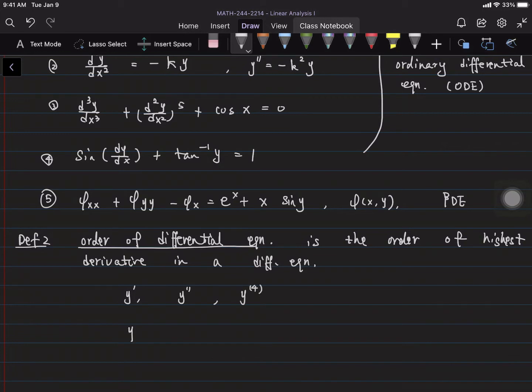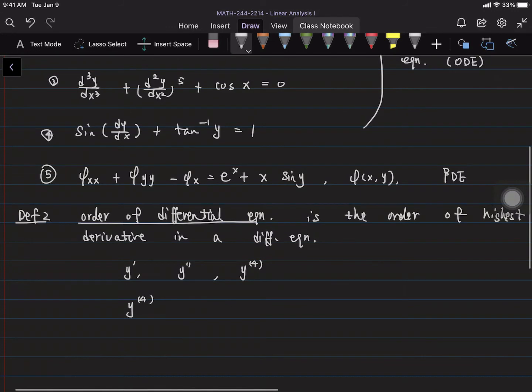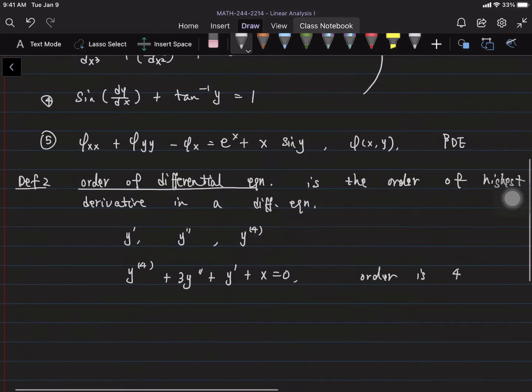And if we have a differential equation like this one, if we put a parenthesis, that means order, it doesn't mean power. That means derivative, a fourth order derivative. And if we have a differential equation that looks like this, we know the order is the highest order.